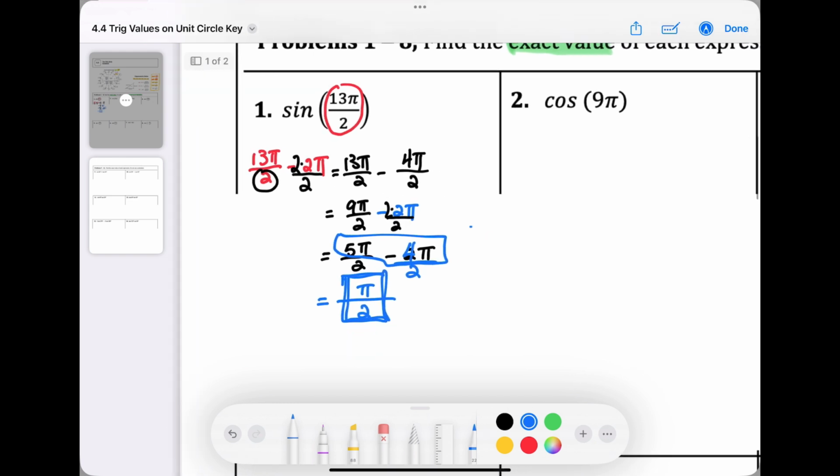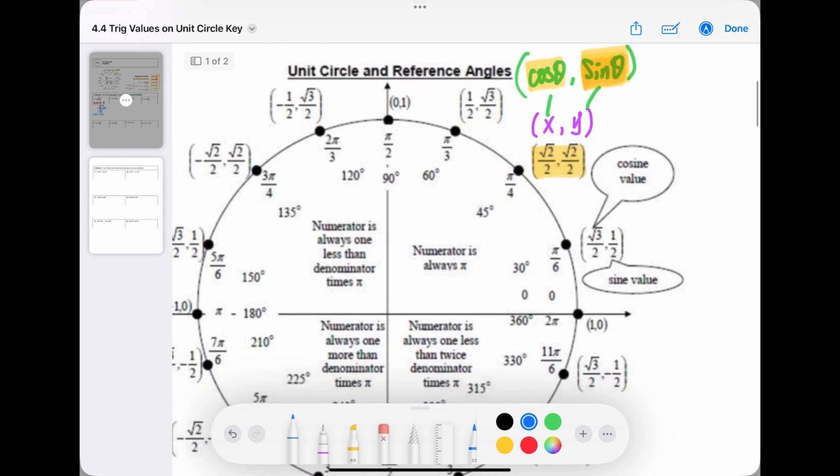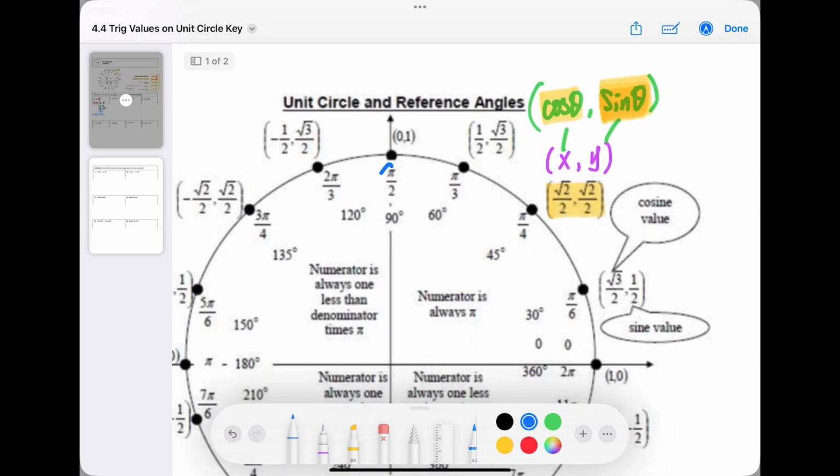Now, ooh la la. What does that mean? This means with the coterminal angle, I'm looking for sine of 13 pi over 2. Technically, they have the same value as sine of pi over 2. Now, location, location, location. Do you see pi over 2 on your unit circle? Yes, it's the 90-degree location.